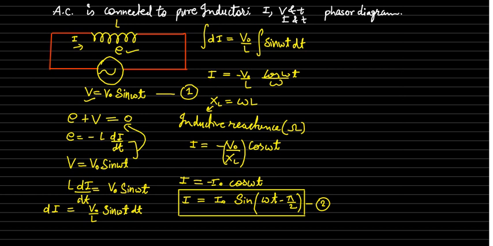Now our first target is done. We have derived the expression of current. The second target is to plot the graph of voltage and time, and current and time.